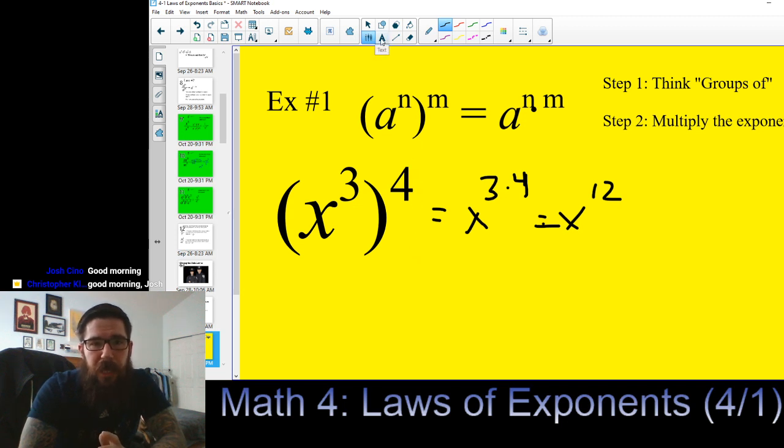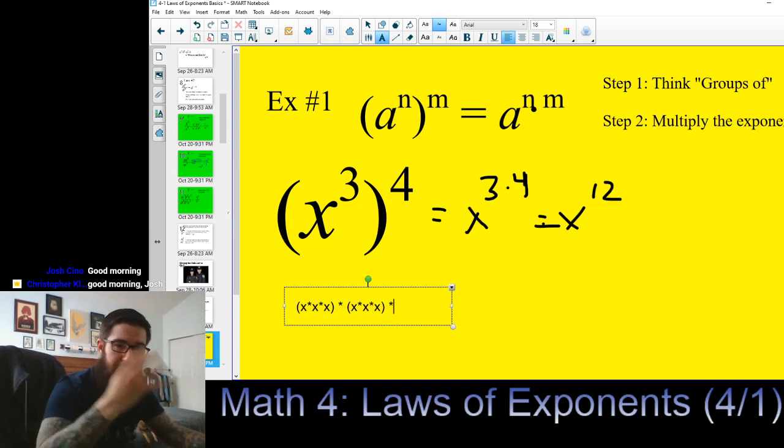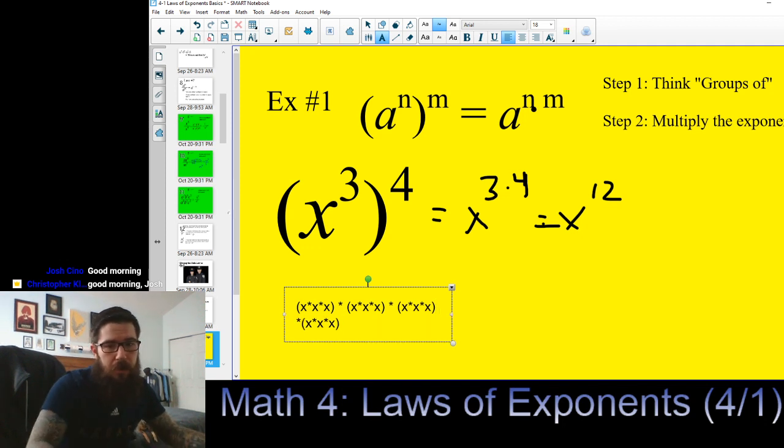If you want a quick rationale on why, I'm going to type this out. What I'm going to basically have is x times x times x, and I'm going to have that thing now multiplied by itself 4 times. That's what that top 4 exponent's going to mean. Let me clean this spacing up here a little bit.